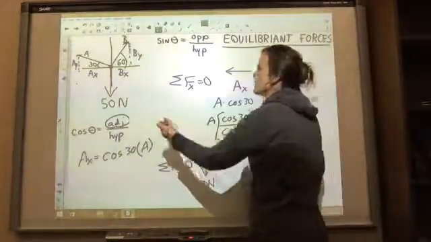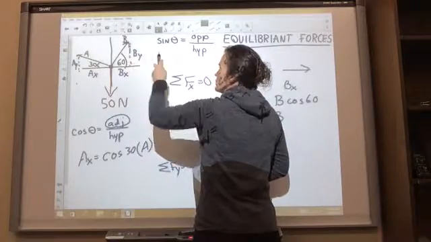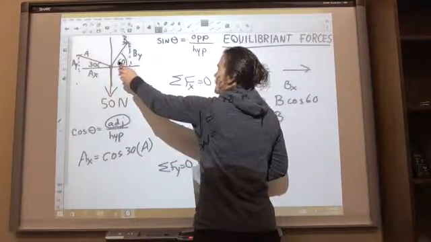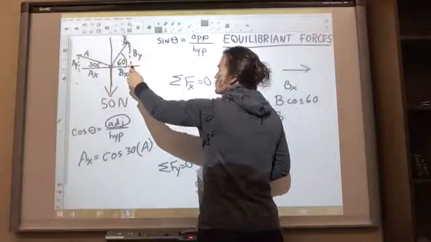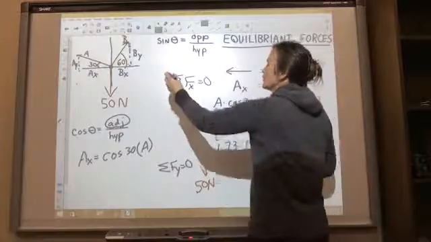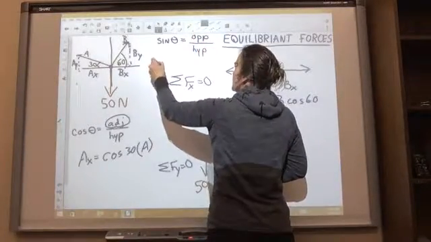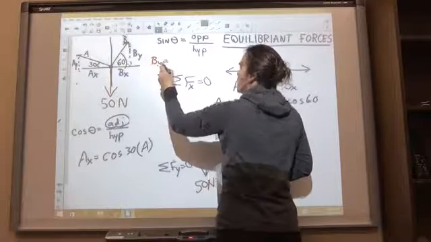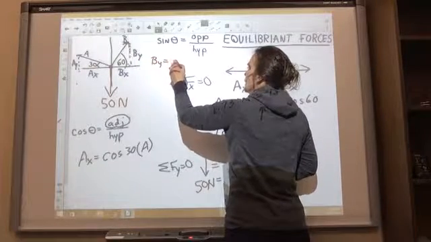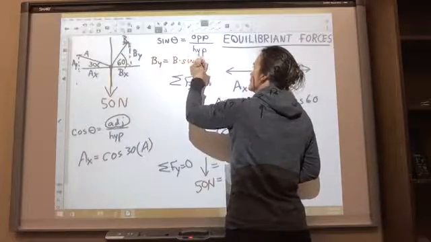In order to find that, we'll see that the y portion of vector B is on the opposite side of this triangle from the 60. So to find what B sub y is, we're solving for this opposite side. So B sub y would be equal to B times the sine of 60.